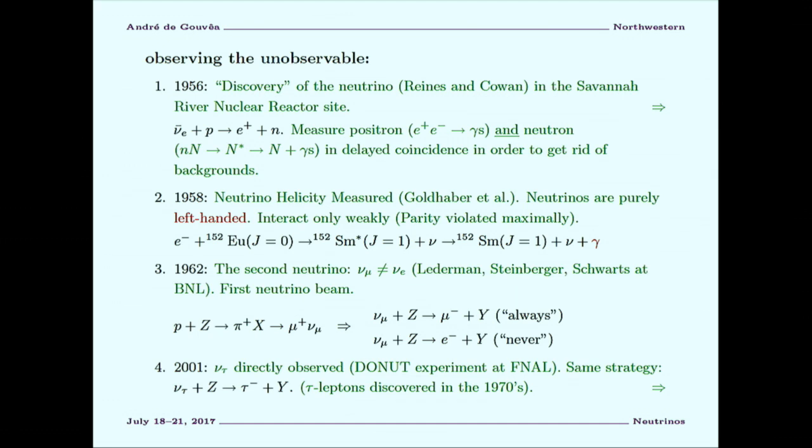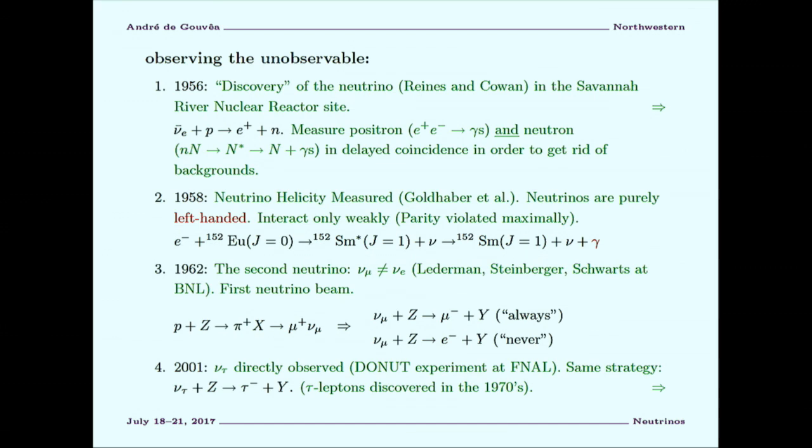The problem is there is lots of other junk that will do exactly the same thing, will produce photons in your detector. So what they figured out was, hey, there's also this neutron that comes out. If I could tag the neutron, because the neutron random walks around until it gets captured by a nucleus, and then the nucleus de-excites.